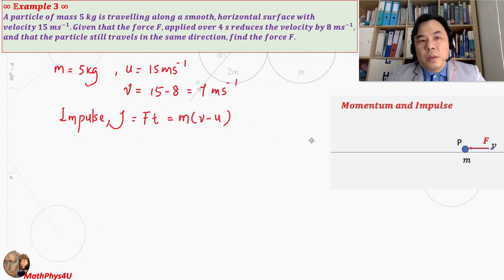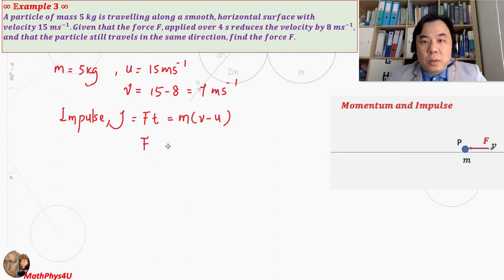Now the force itself, initially, if you have no idea which direction the force is acting, that is fine. But if you look at the simulation itself, in order to reduce the velocity by 8, the force must be acting in the opposite direction of the motion itself. So let's assume that we don't really know the direction.